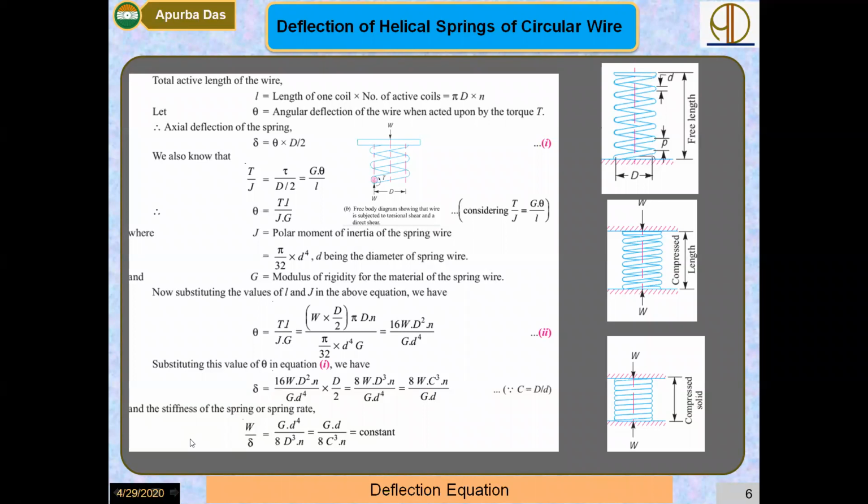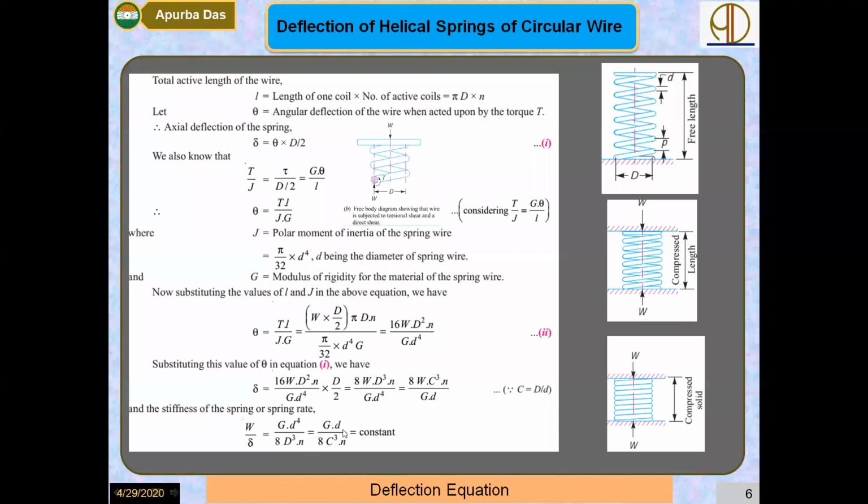Now stiffness. Stiffness is a very important parameter. Stiffness of a spring is known as the amount of load required per unit deflection. So if we divide the load by delta, we get the stiffness, that is W by delta. W divided by this term becomes G d to the power 4 by 8 D cube n.